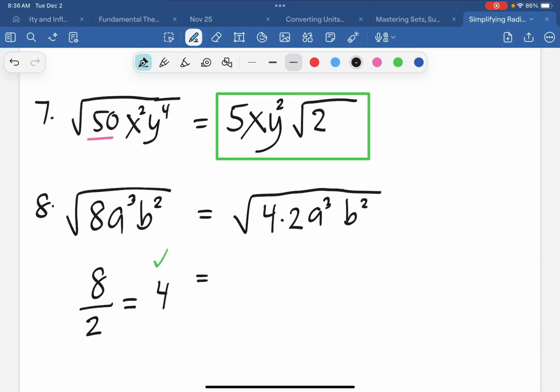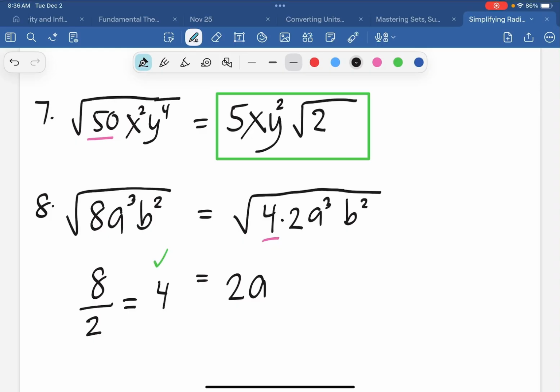Now the square root of 4 is 2, the principal root. Then 3 divided by 2 is 1, you get a whole number, so extract a as well. No need for 1 as an exponent, so just invisible.